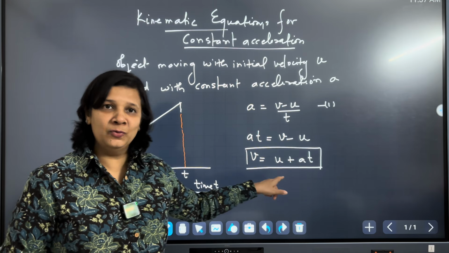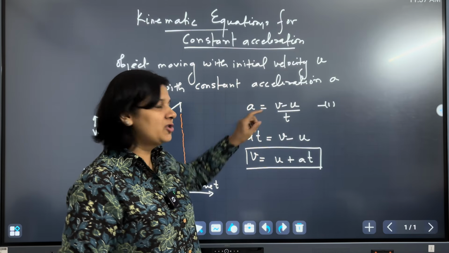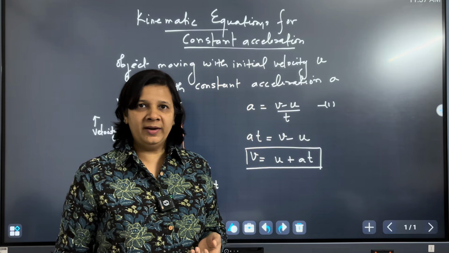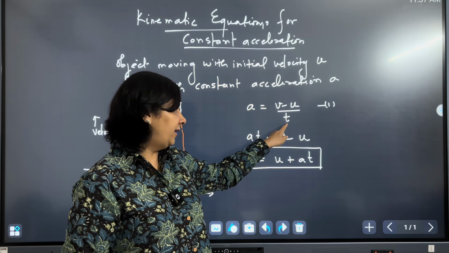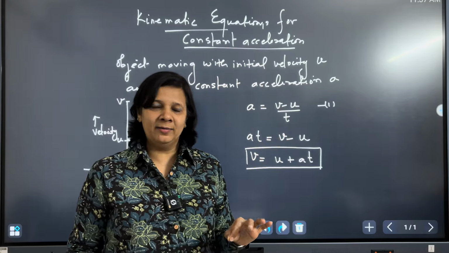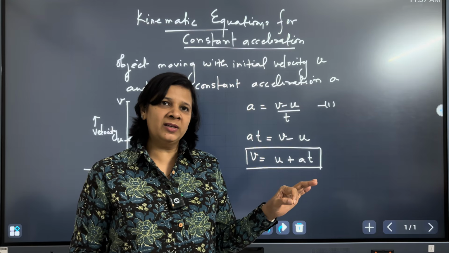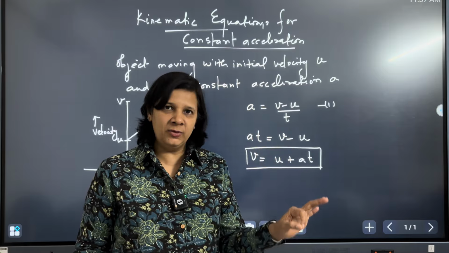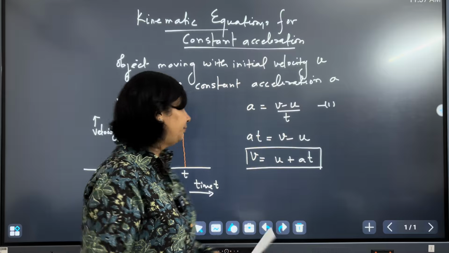This is not something new. We have already learned the definition of average acceleration, rate of change of velocity of an object, right? Delta v over delta t. Delta t is t here because I am taking the object at time t is equal to 0. The object with initial velocity u at time t is equal to 0.